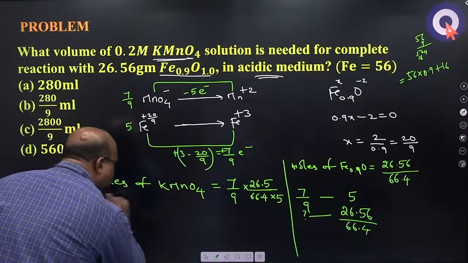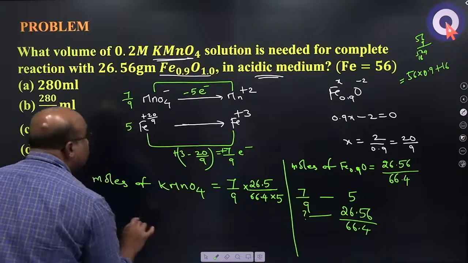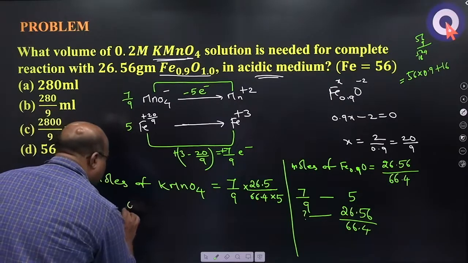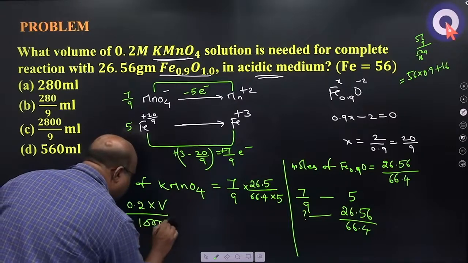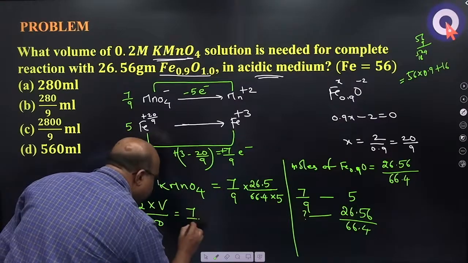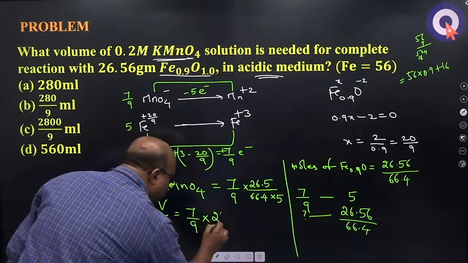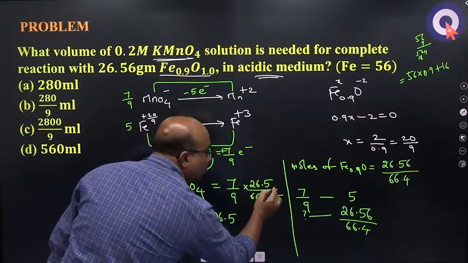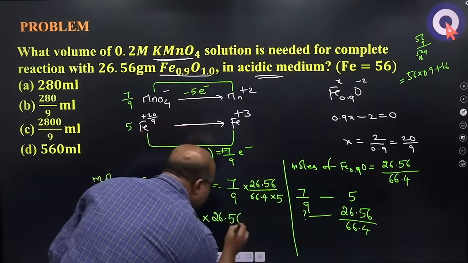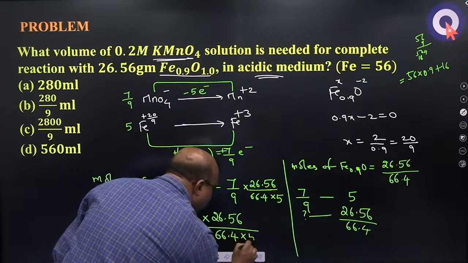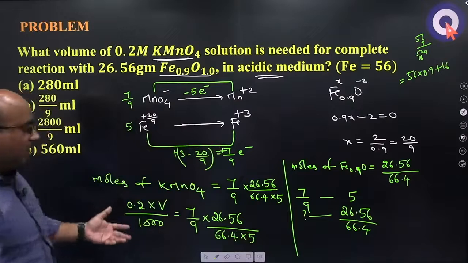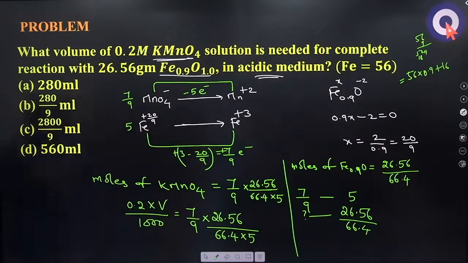Moles relate to molarity: 0.2 into volume by 1000 should be equal to 7 by 9 into 26.56 by 66.4 into 5. So this is the calculation part. Clear?